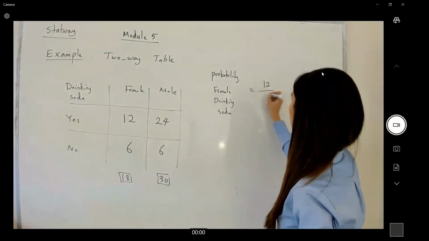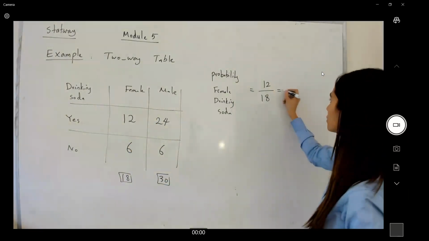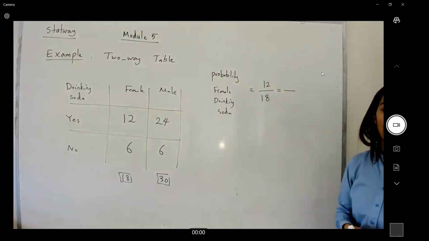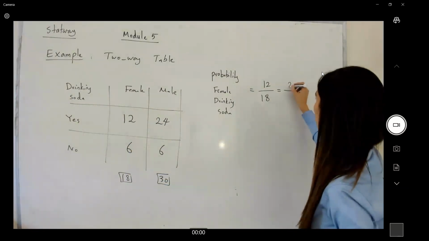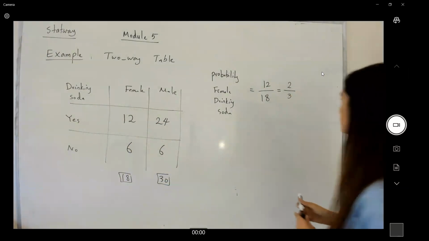If you simplify this, both of these have common factor 6. So it's going to be 2 divided by 3, 2/3.